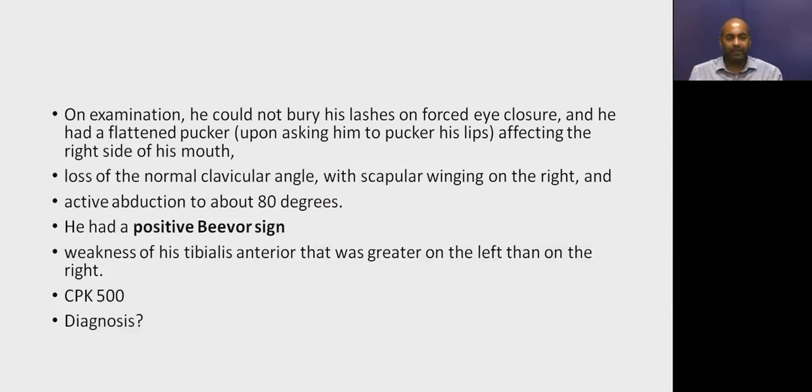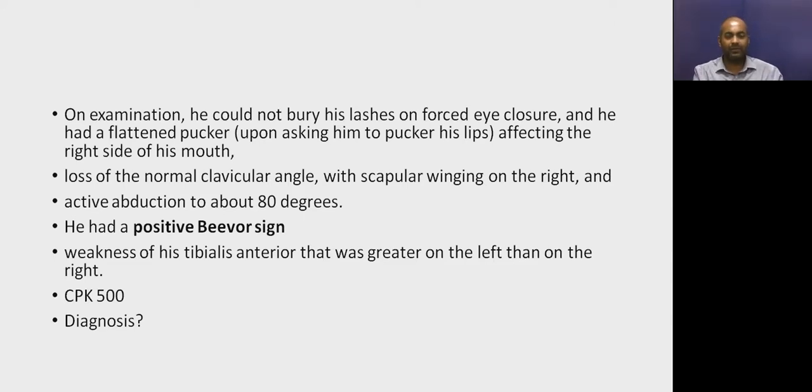He had a flattened pucker, and there is scapular winging more on the right side, and he has difficulty abducting arms above 80 degrees, and we see a positive Beevor sign. There is weakness of tibialis anterior, greater on the left than on the right, and CPK is around 500.